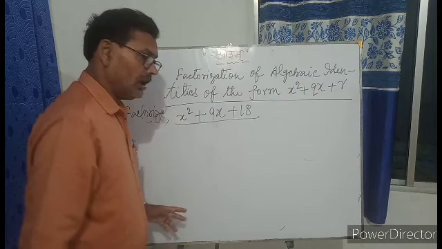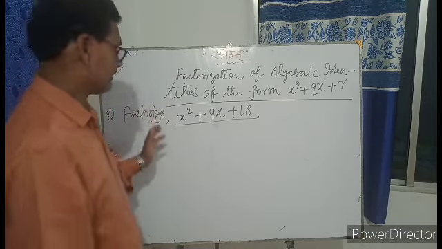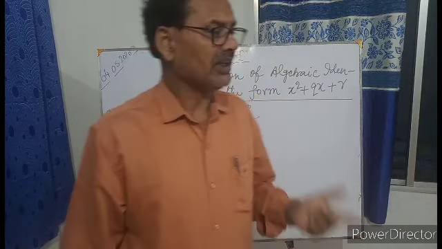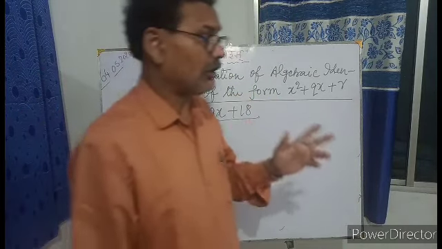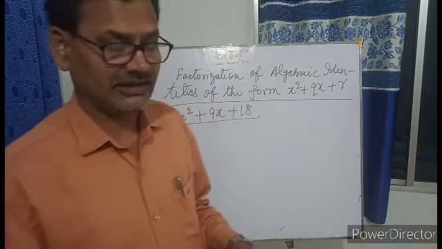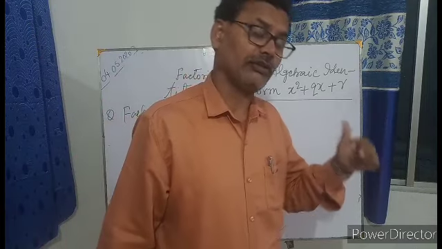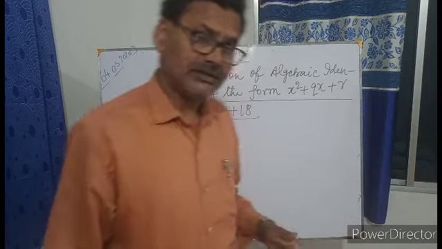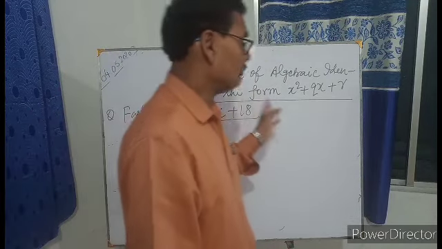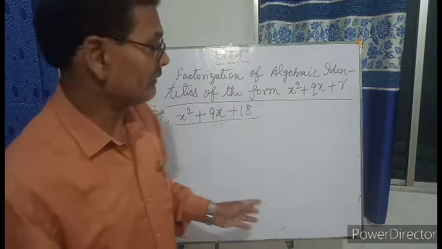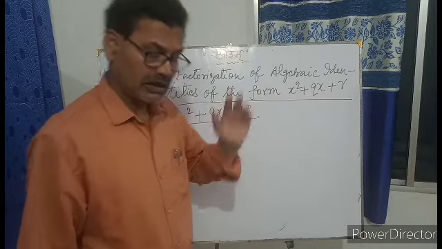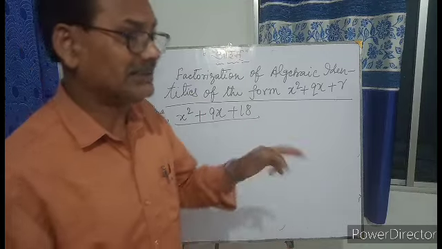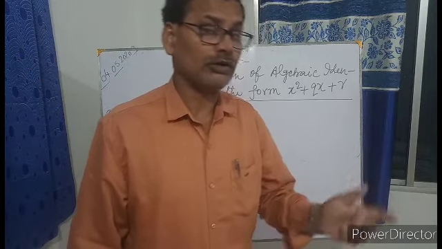We will do this factorization by two methods. First method is according to the identities you have studied so far in your class, in your syllabus. We will try our level best to factorize such kind of expressions on the basis of the method given in your book, which you have studied.